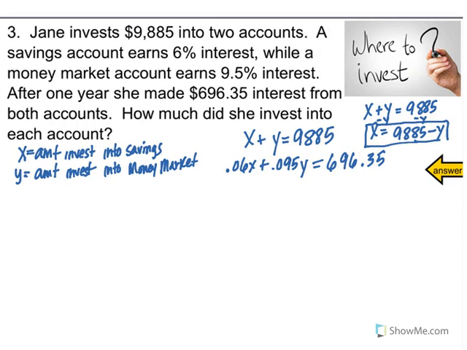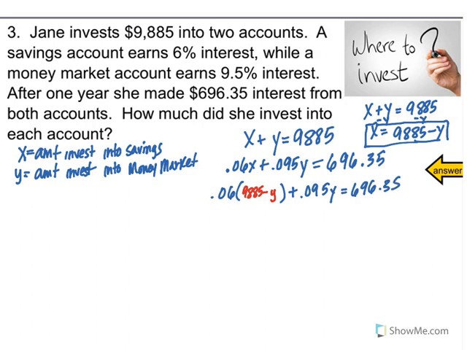So I'm going to take, instead of 0.06x, now I'm going to have 0.06 times 9,885 minus y plus 0.095y is equal to 696.35.